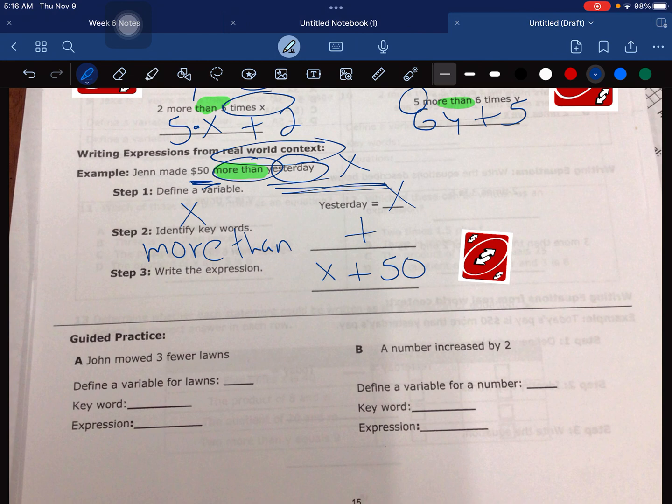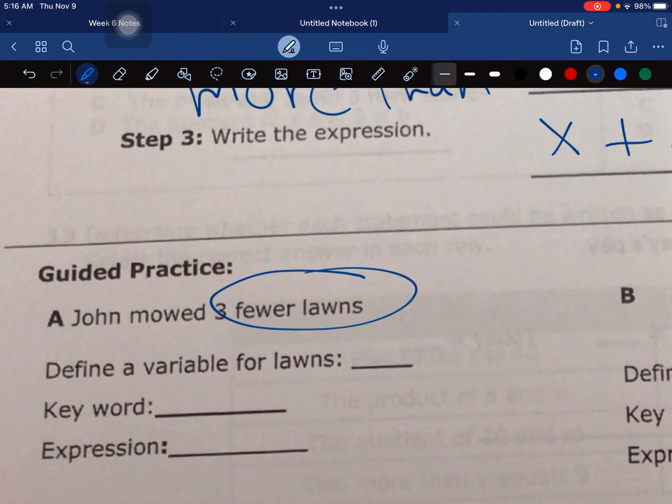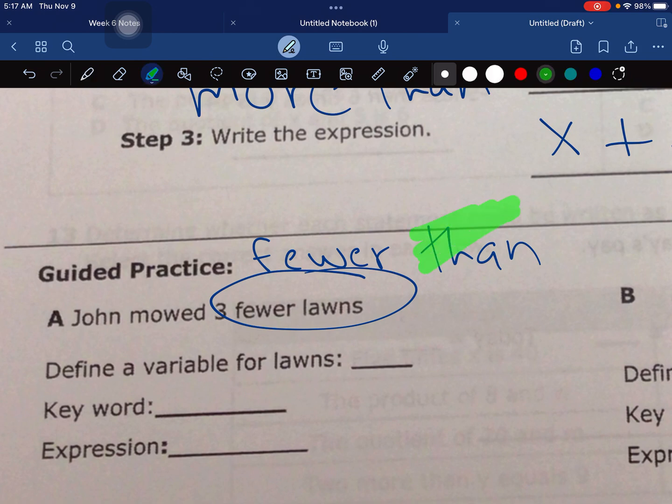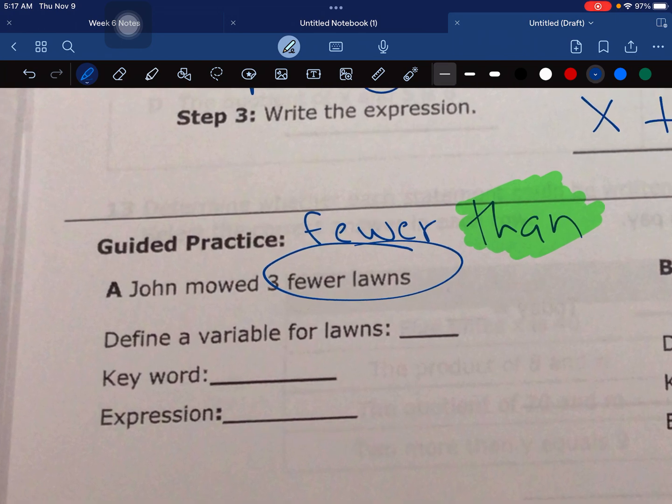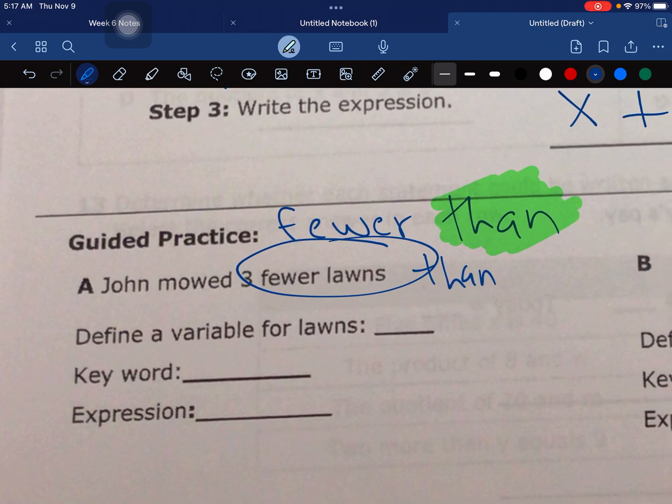So John mowed 3 fewer lawns. Now, here, chicos, what I want you to add is fewer than. They forgot to put this word. And this word means John mowed 3 fewer lawns than, and we can say yesterday.